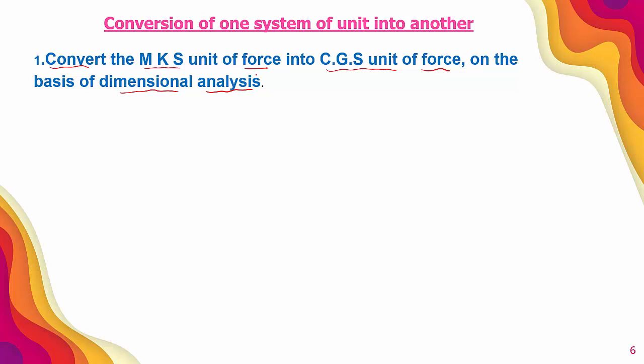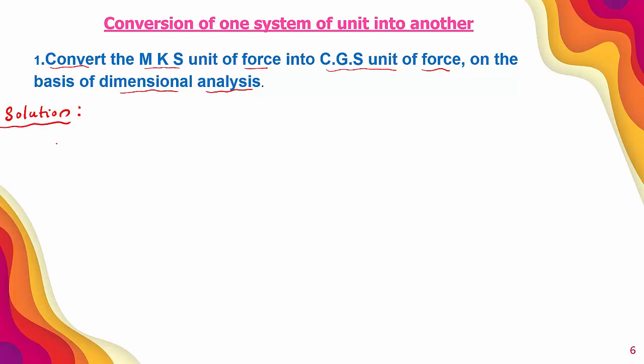That is the third application. So we have to convert the MKS unit of force into the CGS unit of force. See here, this example carries 5 marks in your board examination. I already explained the procedure. You have to follow that procedure to convert the MKS unit into the CGS unit of force.